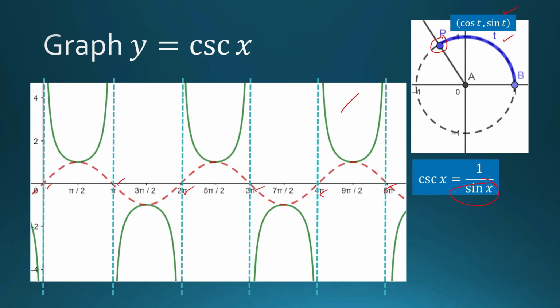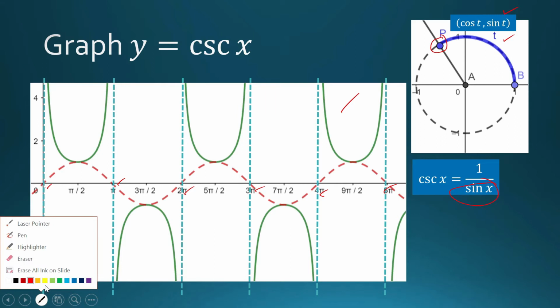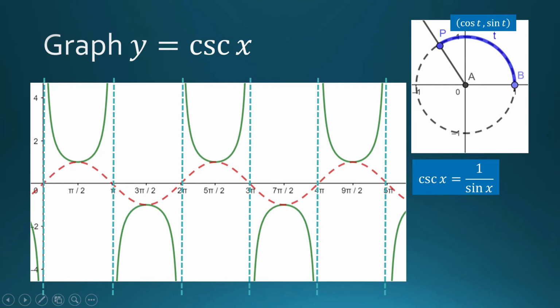Now, the next thing that I had to figure out, I am recalling my experience with the cosecant function when I was a student, is why do we have a part of the graph that is above the x-axis and a part that is below the x-axis. So it is something to do with the sign. Is it positive or is it negative? So what do we know? Above the horizontal axis, your sine function is positive.